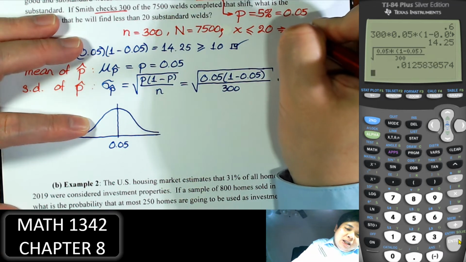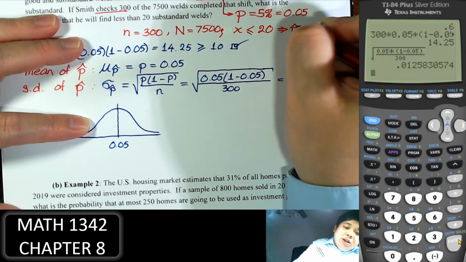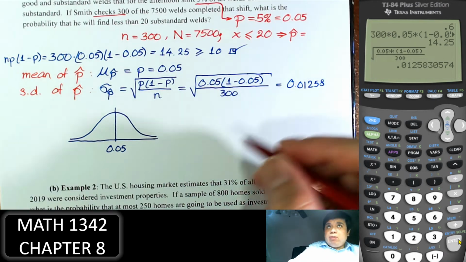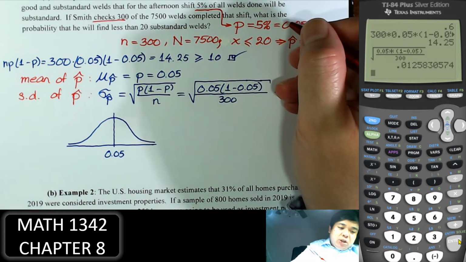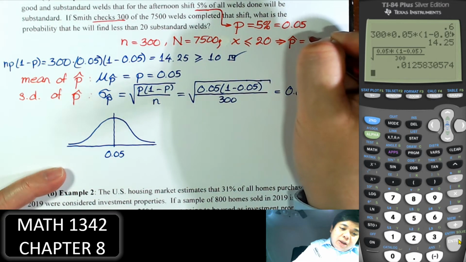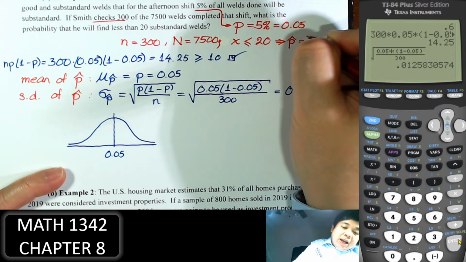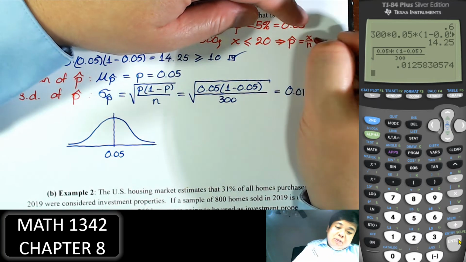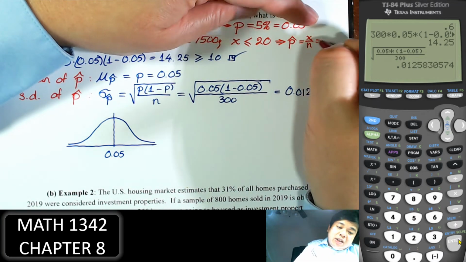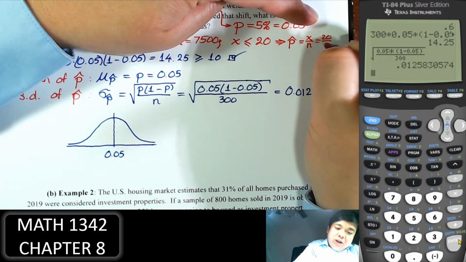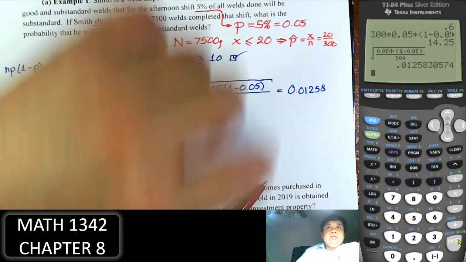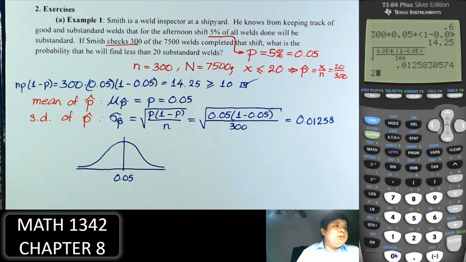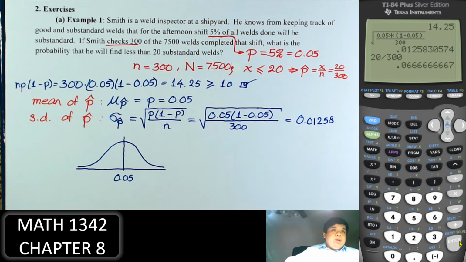The p hat for that particular sample, particular proportion of that sample, is going to be equal to x divided by n. So for that particular sample, p hat is equal to x divided by n, 20 divided by 300, 0.0667.